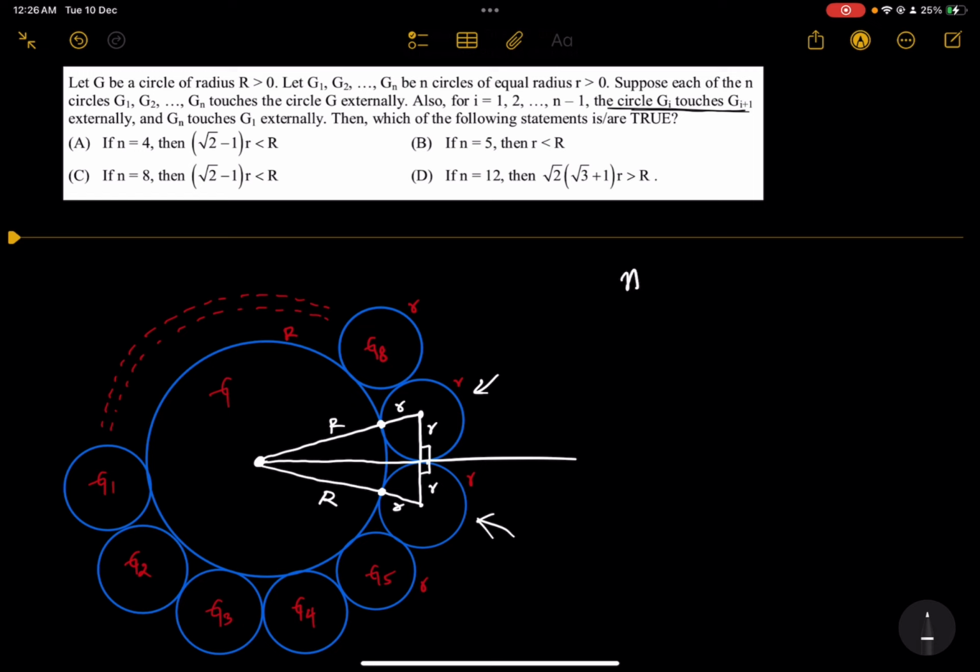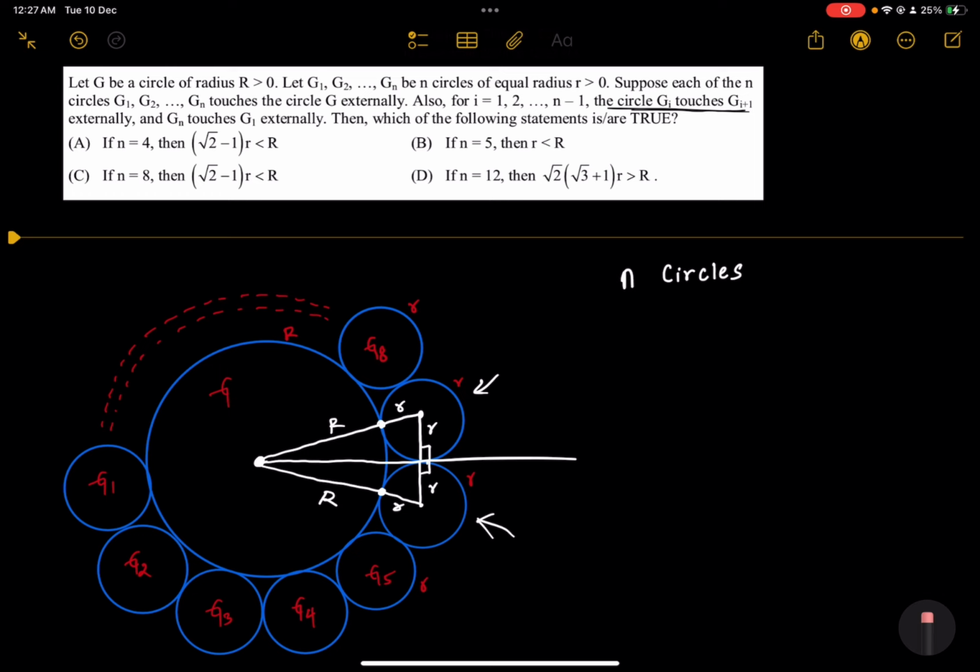Since we have assumed that there are n circles, let us take a simple case where there are 3 circles. Understood? So 3 circles are there like this, and there is one center circle. So there are 3 outer circles. If there are 3 circles, the angle between the centers of any two circles is simply 360 by 3.